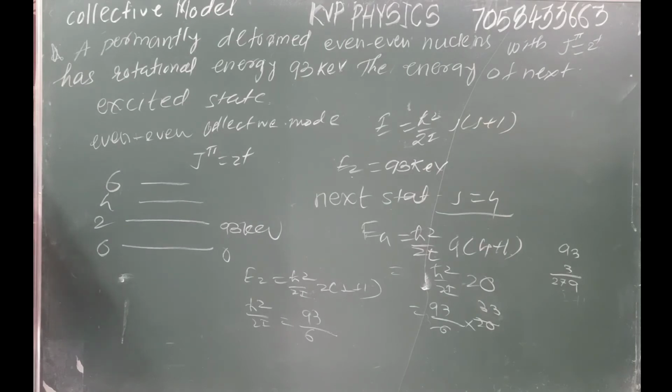For 20 h cross square upon 2I. 93 upon 6. Okay. H cross square upon 2I is equal to 93 upon 93 upon 6. Okay. 93 upon 6.